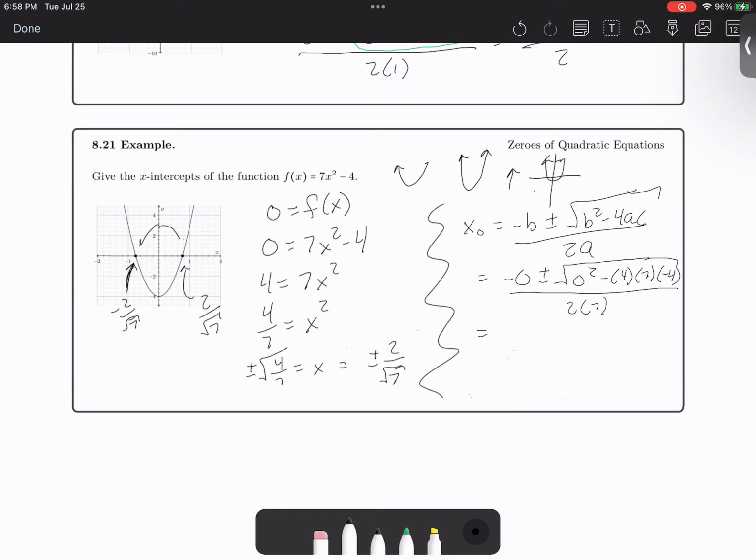All right, let's chase the algebra. We get plus or minus the square root of 128 over 14, which, if you simplify, gives you exactly what you would expect.